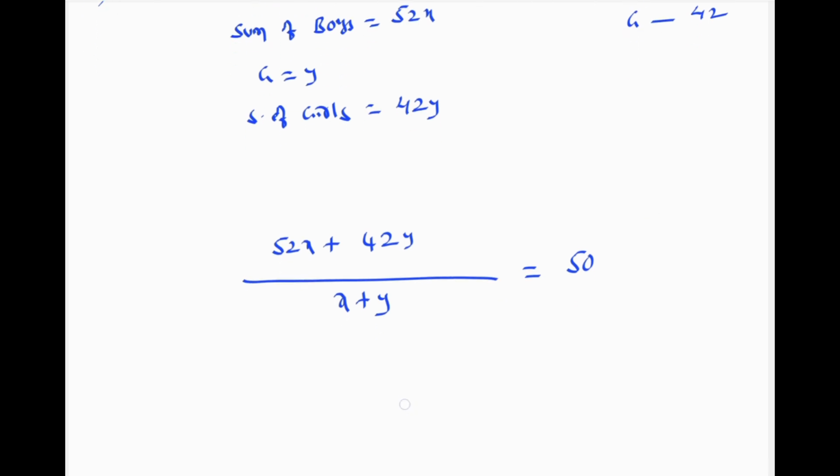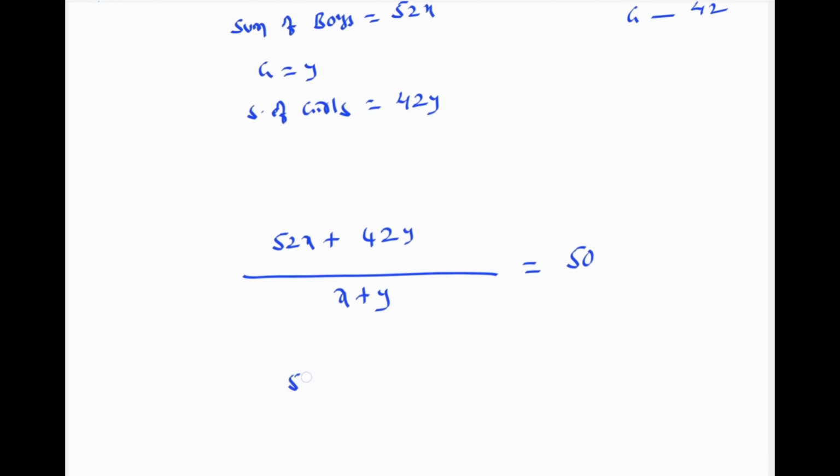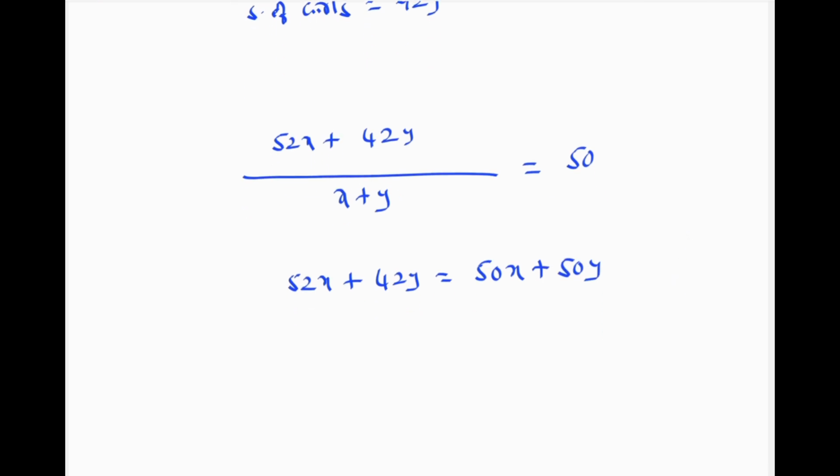On transposing, 52x plus 42y is equal to 50 into (x plus y). So 50x plus 50y. We are grouping the like terms. So 52x minus 50x, and on transposing, 50y minus 42y.